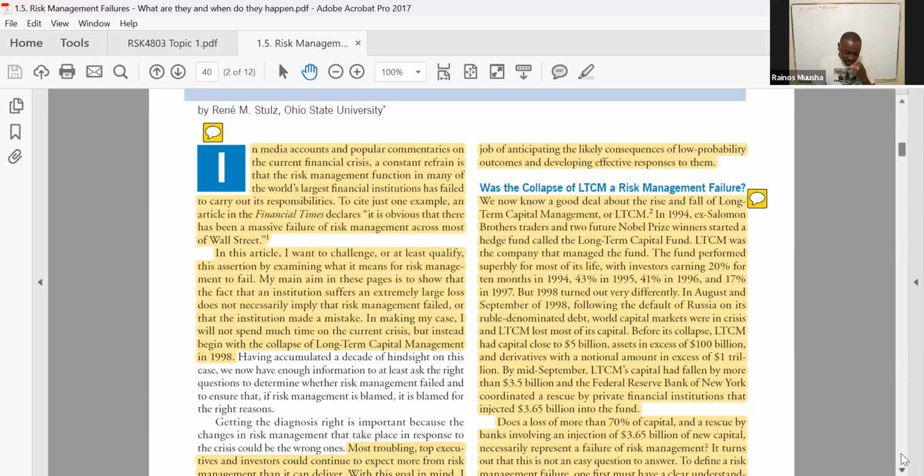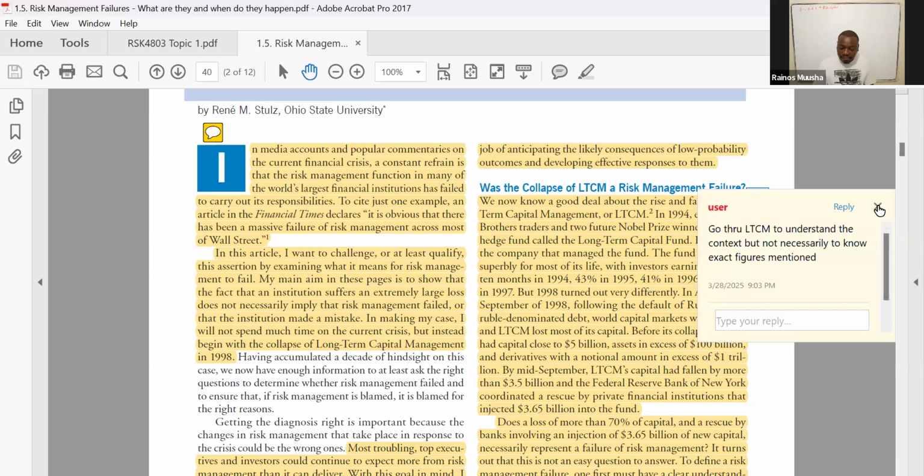So here they look at whether the collapse of LTCM was a risk management failure. And here, please note that they are giving us this case study. Like what I said, when you look at these case studies that are being introduced here to highlight the issue of risk management failures, don't worry too much about the specific details, like a 43% loss in 1995, and then this happened, and then there was this loss in that year.